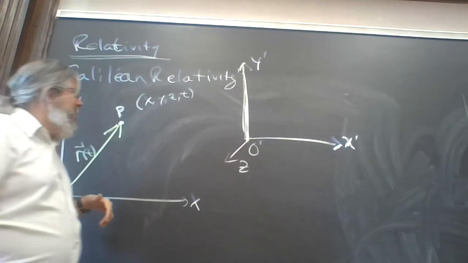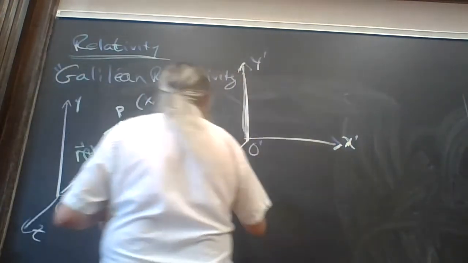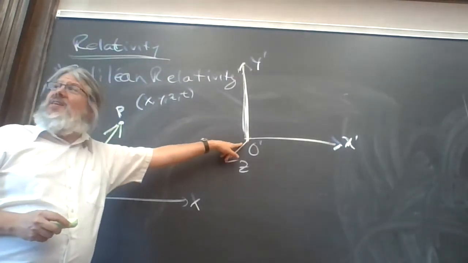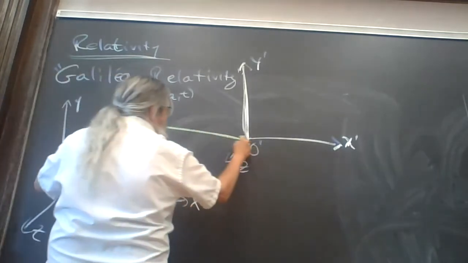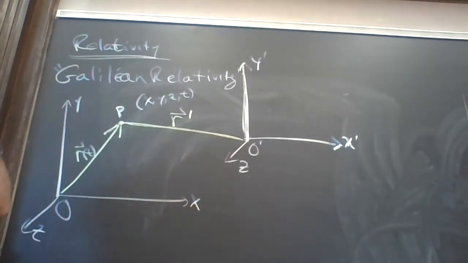With me? Okay. And if I were to draw the vector that corresponds to the position vector of this particle with respect to this coordinate system, that's a position vector that goes from here to here. So I'm going to call that vector r prime. Again, it's a function of time.